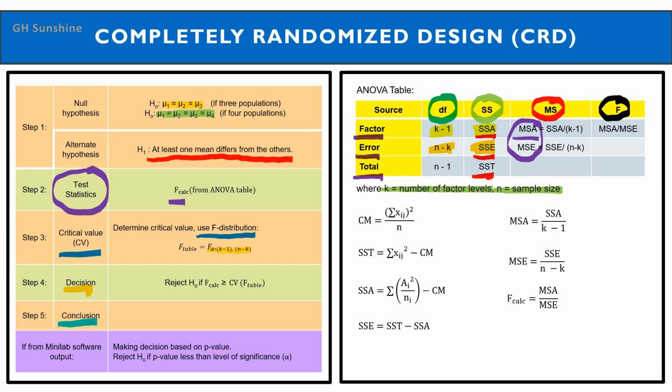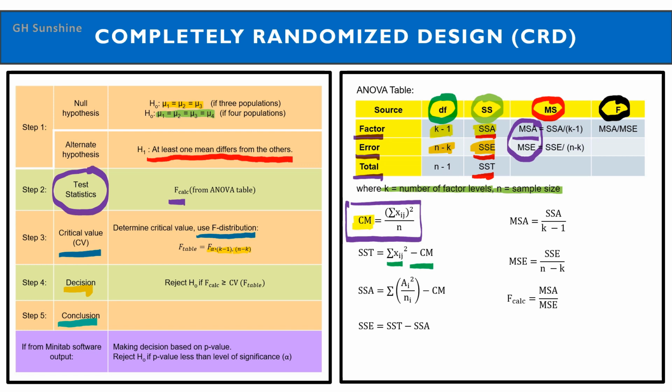So how to calculate SST, SSA and SSE? First of all, we will calculate the correction mean. The correction mean is all values added up and then squared, divided by the sample size. Next, how to calculate SST? Each data point squared, added up, minus the correction mean.